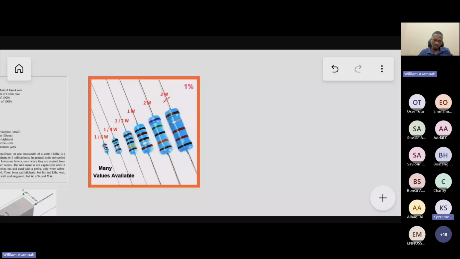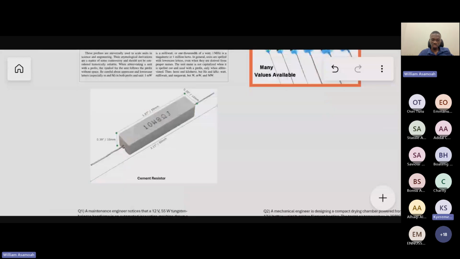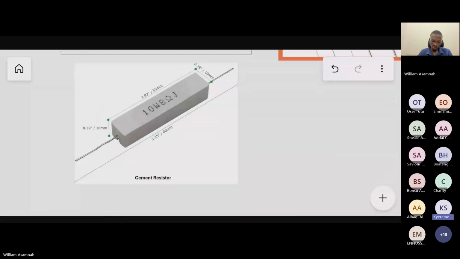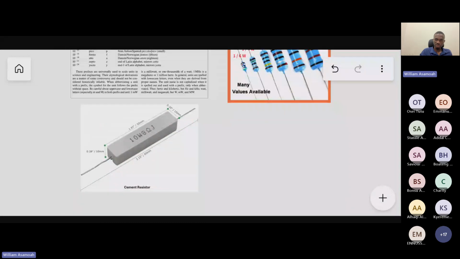Now, yesterday we found out that some of the wattages can even be higher. So in mechanical systems, we have 10-watt resistors. These are called cement resistors because they've used cement to absorb all the heat so that they wouldn't burn apart. Okay.